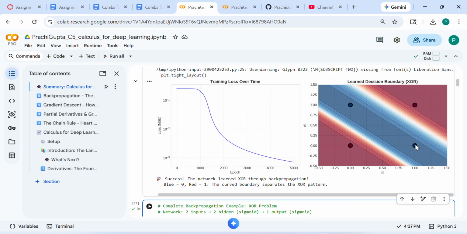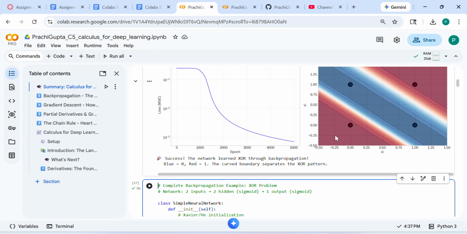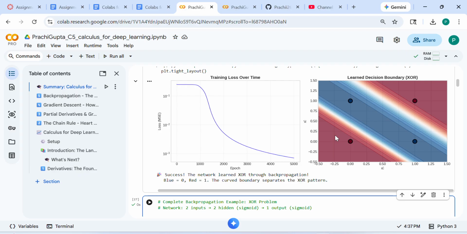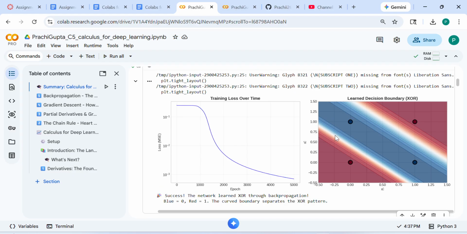If it's 1 1, it will give 0, and if it's 1 0, it gives 1. So this is how it makes a grid of points in 2D space, and then colors the region based on the predicted classes. And this confirms that the neural network learned a non-linear separation, which is why the hidden layer matters.